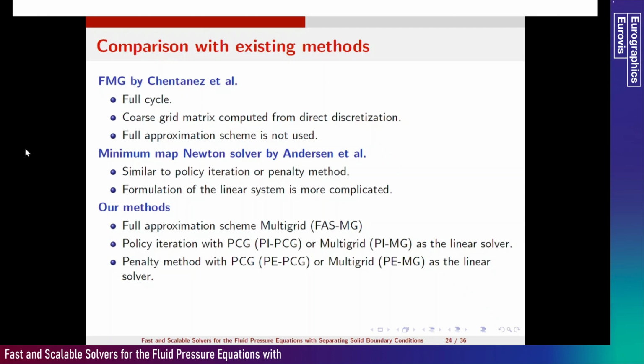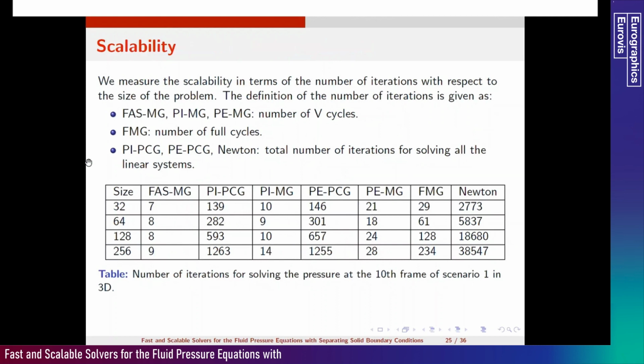For scenario 1, the number of iterations for FSMG, the polarization and the penalty method with multigrid remains almost constant. For other methods, the number of iterations doubles with the problem size.